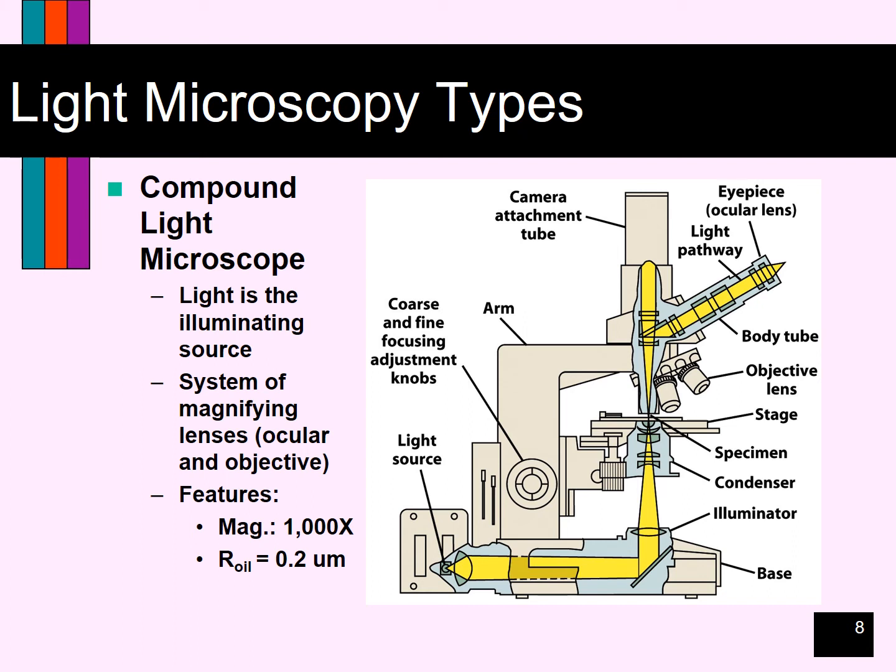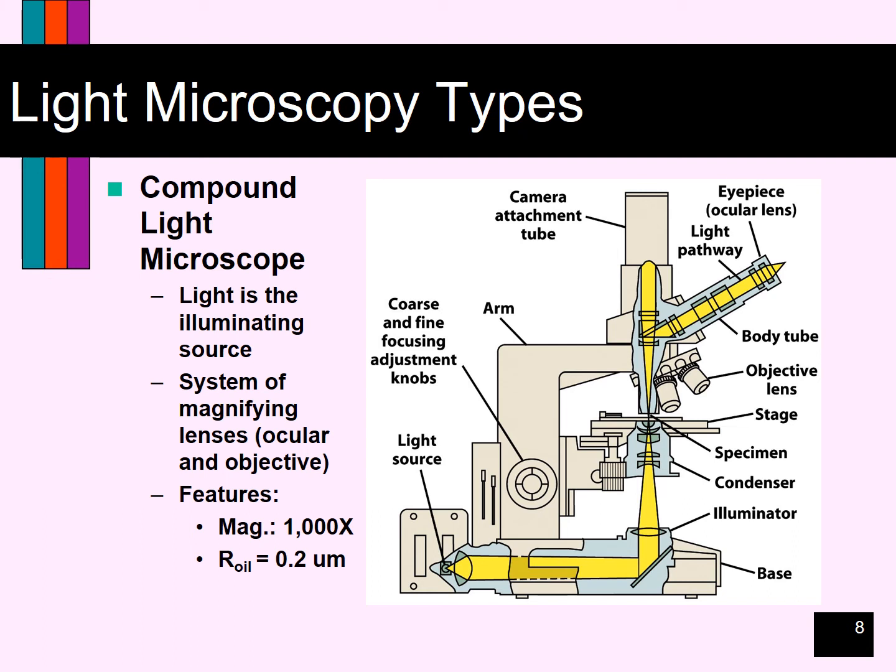The highest magnification you could achieve with the compound light microscope would be 1,000-fold magnification. And with the oil immersion objective, the resolution that you would get would be about 0.2 micrometers.